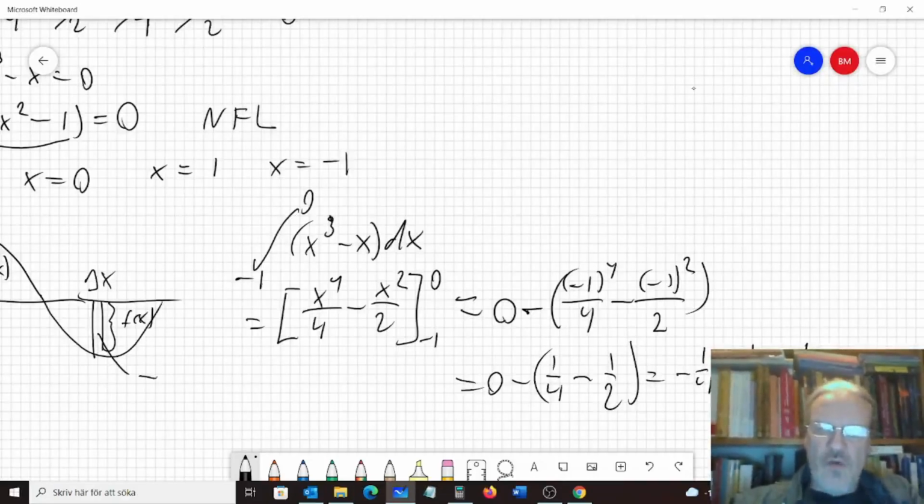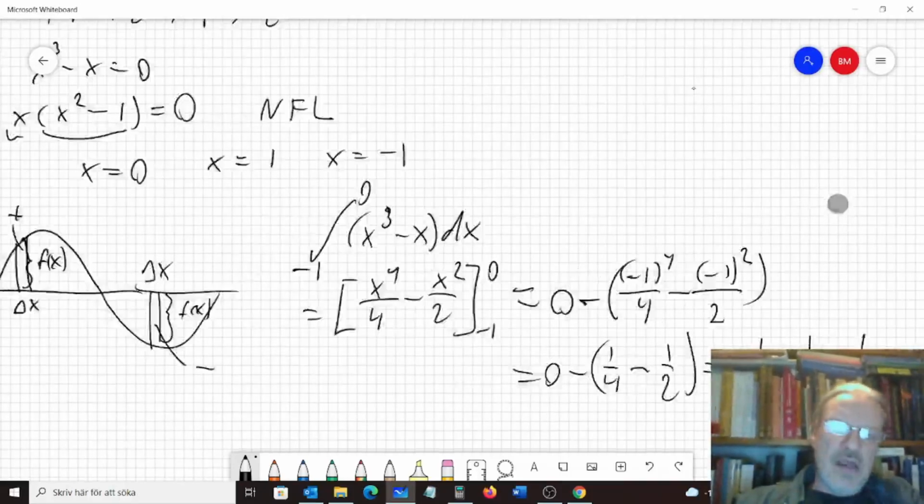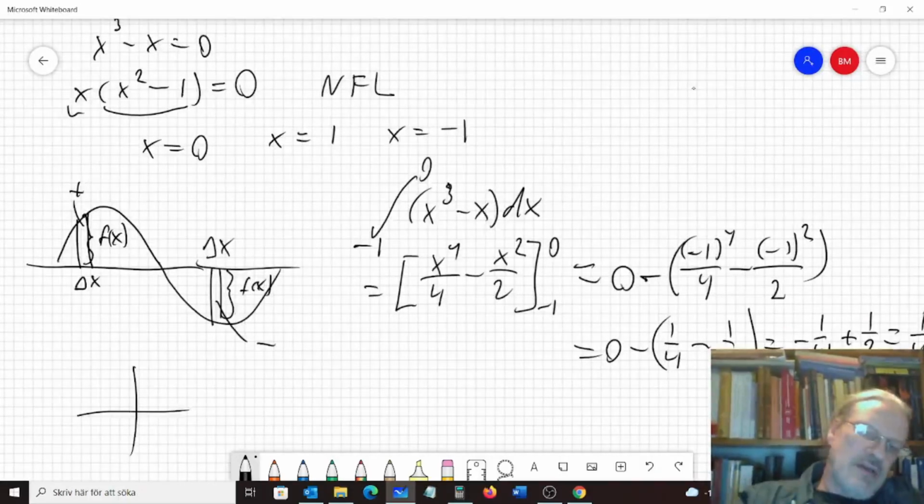Which is 1/4. So this area here, if we look at this integral, this area here is 1/4.